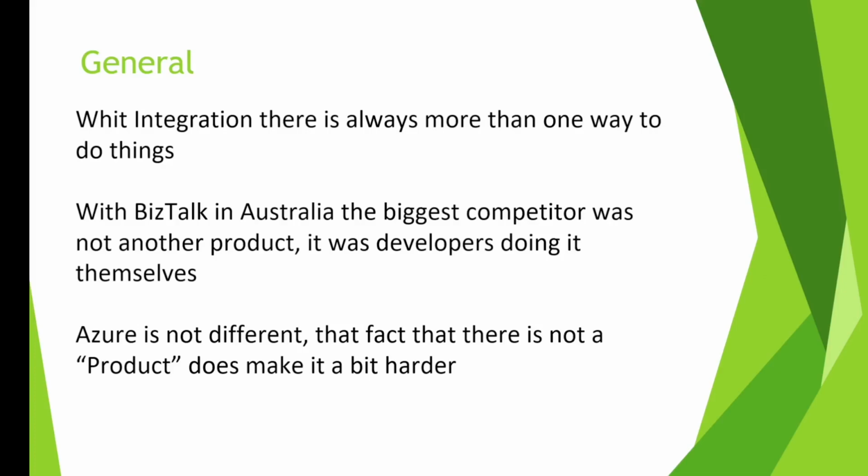What's a little confusing about the integration stack in Azure is that it's not a single product. And that's what I'm going to go through a little bit: what the different things are and when you would use what. Because what he was talking about earlier is that there's a lot of services we can consume.